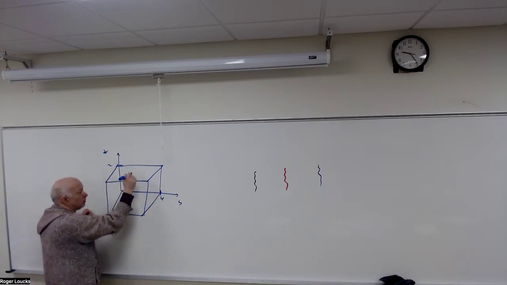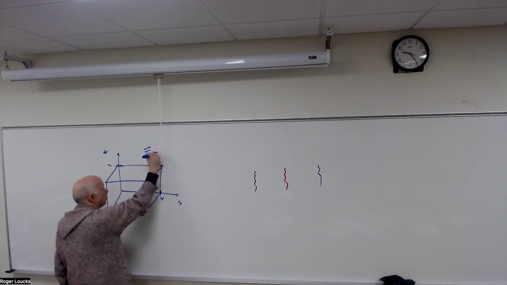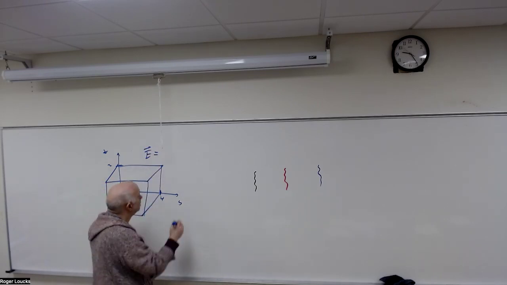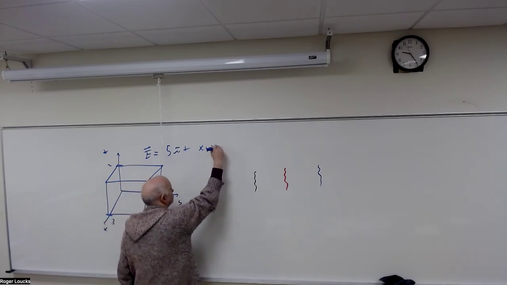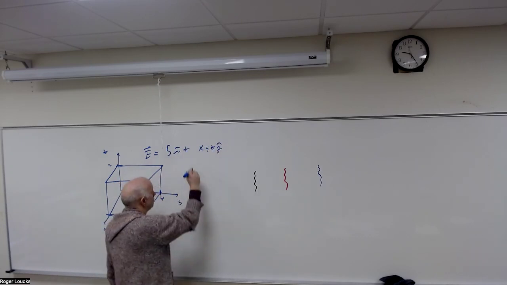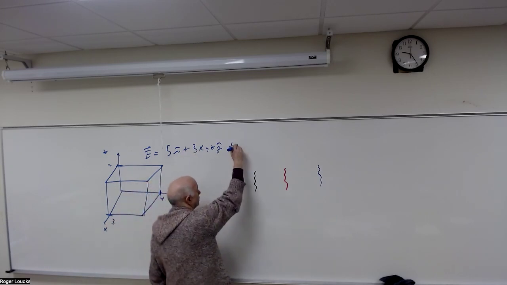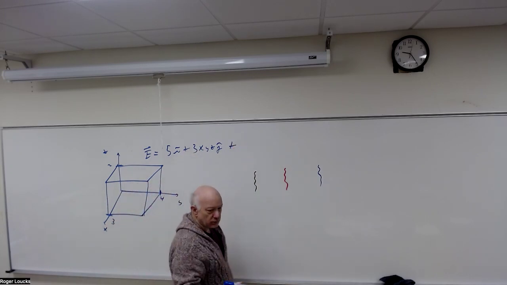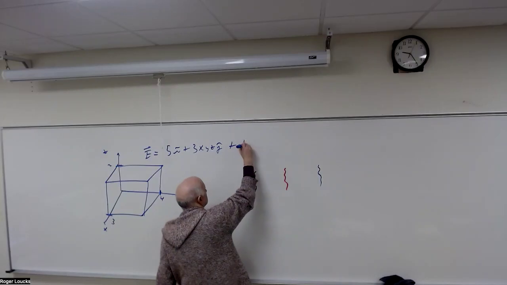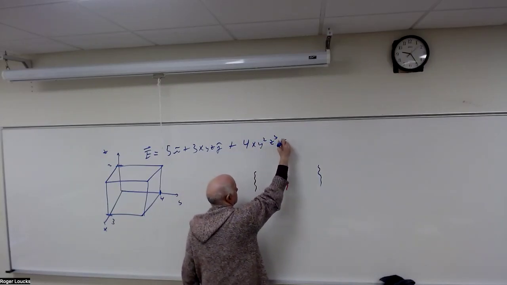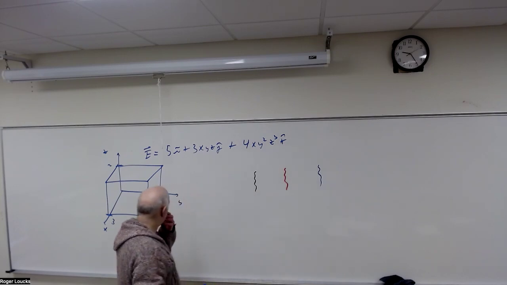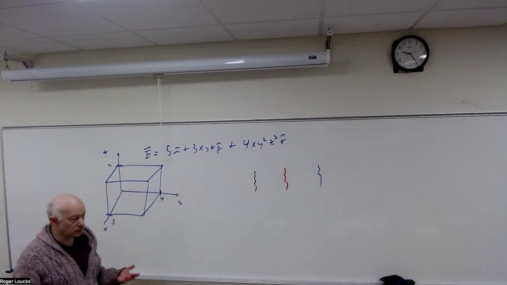Yep. And then we had an electric field here, and what was this? 5 i hat, plus x y z j hat, plus 3 x y z, plus 4 x y squared z cubed k hat. Yeah, like this. And the question is, find the flux through this object.